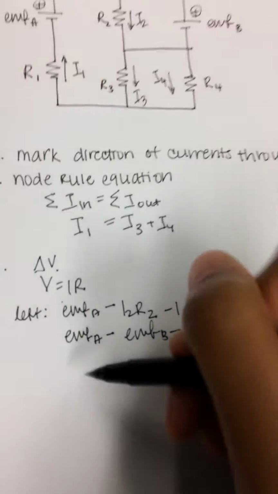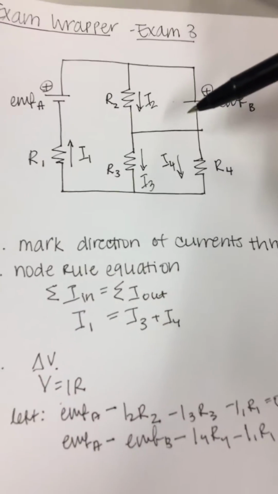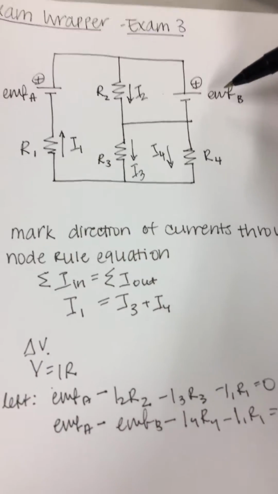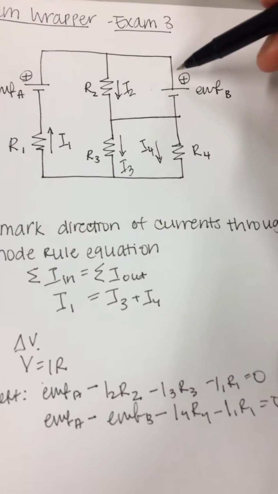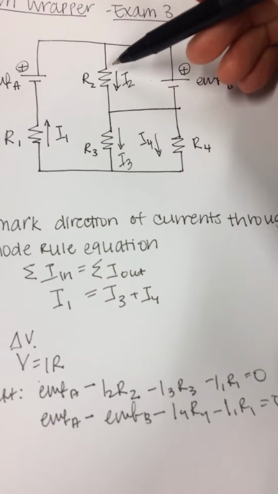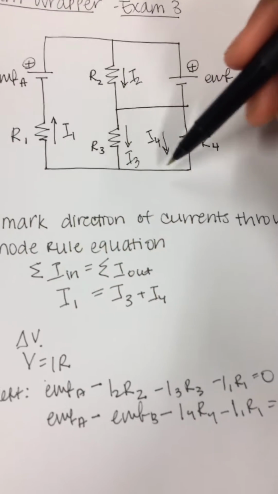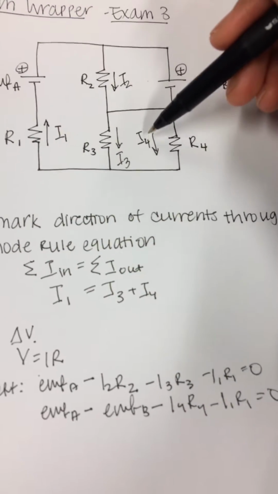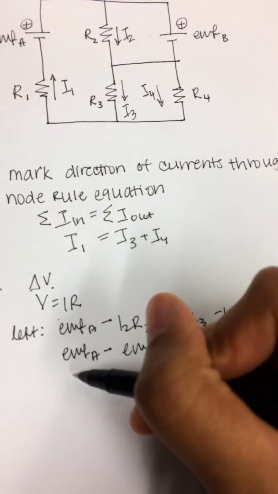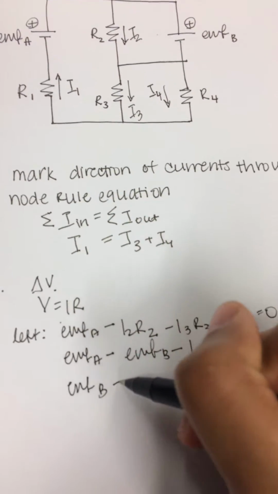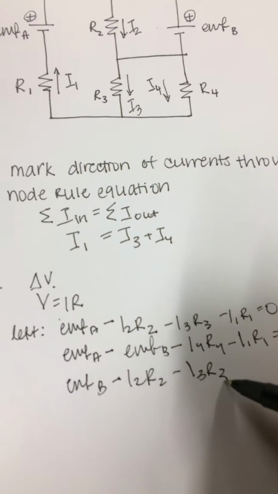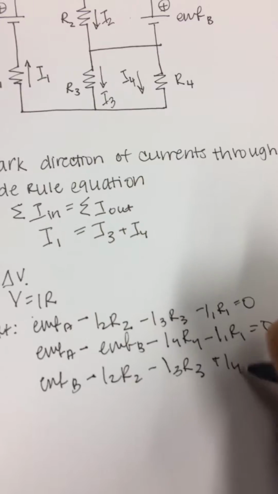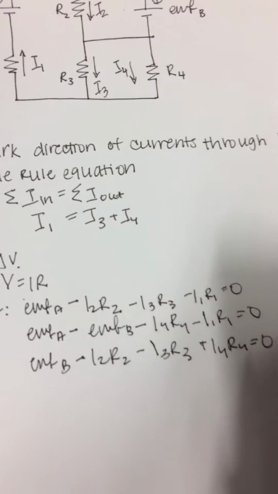And then if you focus on the right loop, you start at EMF B, and you want to go from the positive end to the negative, right? So you have EMF B minus I2 R2 minus I3 R3 plus I4 R4, because you're going the opposite direction of the current, equals 0.